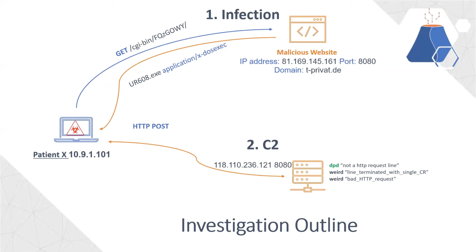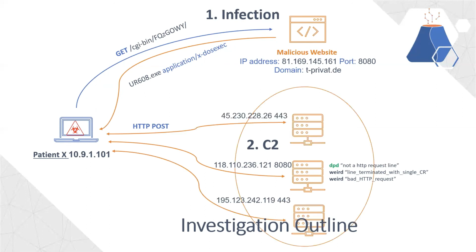Next, we identified command and control traffic to port 8080, and we identified this using Zeek's DPD and weird streams. And lastly, we were able to identify further command and control traffic by searching for HTTP post against two other systems on port 443.